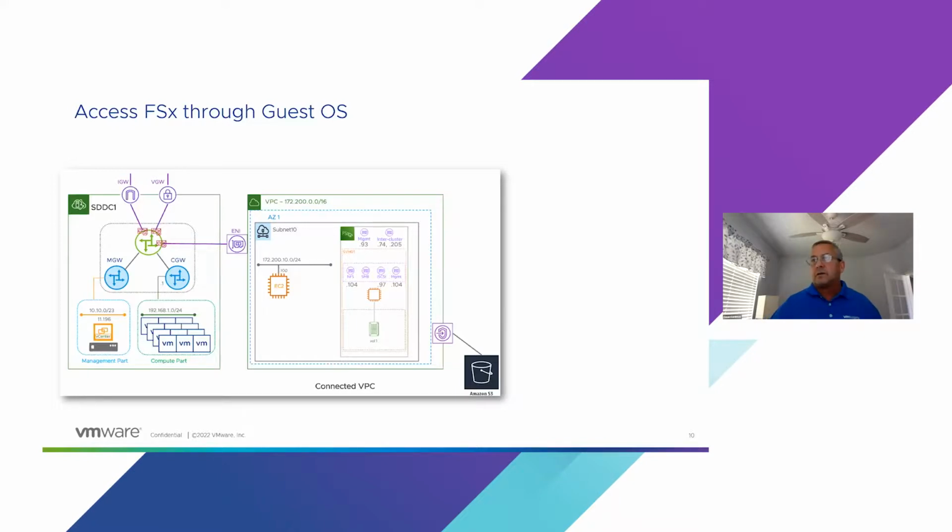So the service itself is configured with a management interface and an inter-cluster interface for changing things in the cluster. And it presents NFS, SMB, iSCSI protocols on a local subnet back to the SDDC.